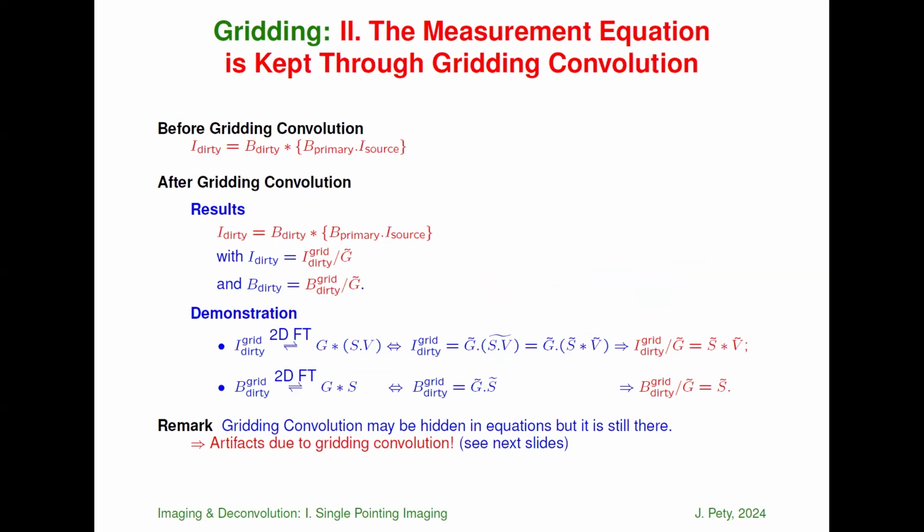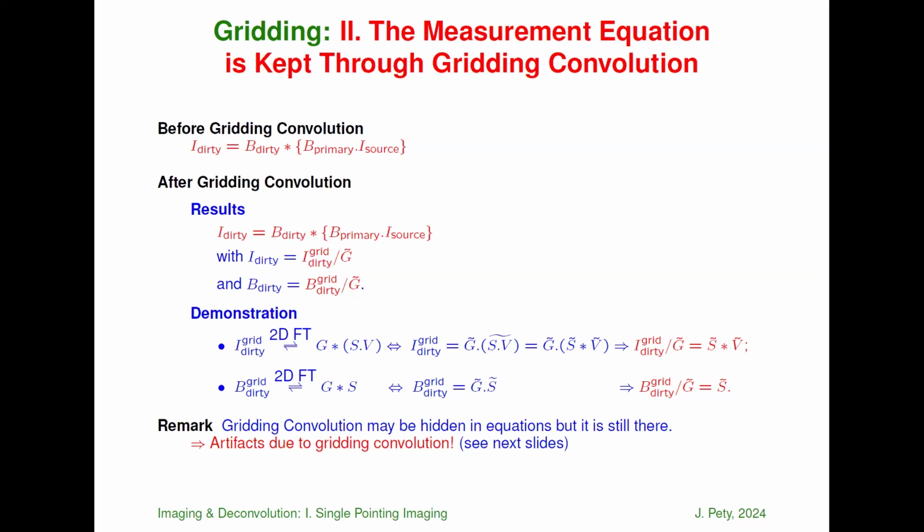Fortunately, the measurement equation is kept through convolution. Before the gridding convolution, you have this measurement equation, and after the gridding convolution, you have this equation. This is exactly the same, but there is a condition. Going from here to here, we have changed the definition of the dirty image and the dirty beam.